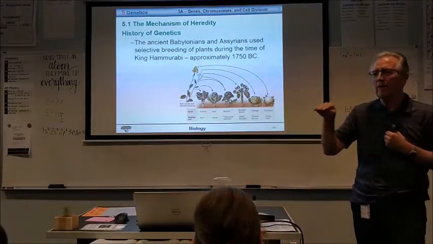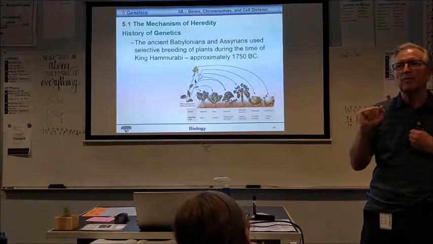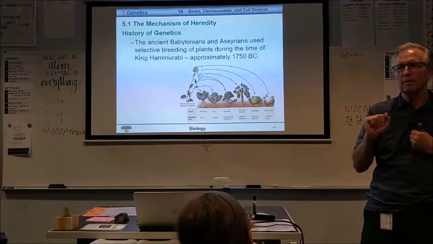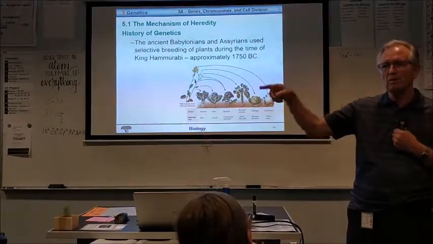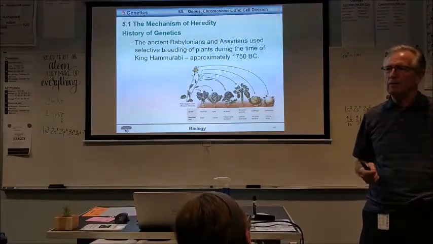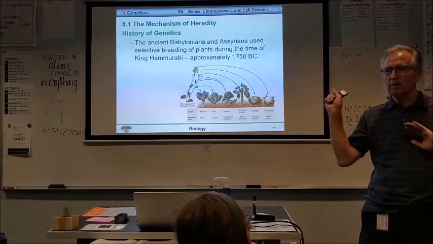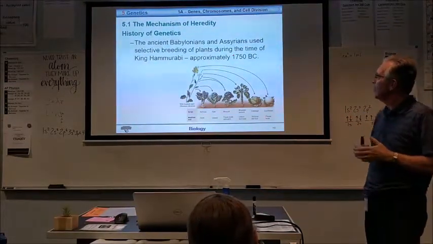Just to put it in context, Solomon lived at 1000 BC. So this is 750 years before Solomon. We're getting back to about the time of Abraham. That's when this guy lives. And they used selective breeding of plants.